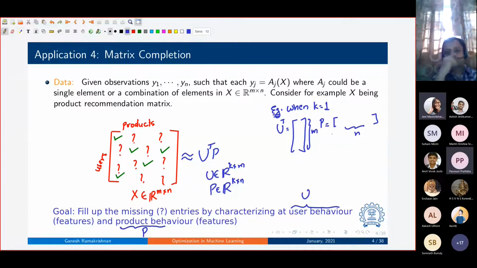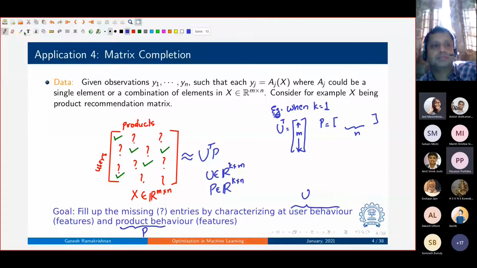So what would be the behavior of U transpose P? Anyone want to answer that? What would U transpose P correspond to?